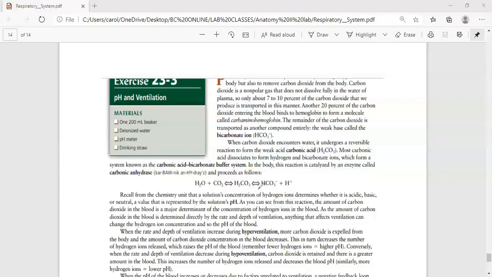First, the hydrogen is going to be mixed with bicarbonate right there. This is going to give you carbonic acid. And then the carbonic acid will dissociate into water and carbon dioxide. Guess what your respiratory system is going to do with this carbon dioxide? It's going to exhale that. If you exhale this carbon dioxide, then you're getting rid of this hydrogen right there.